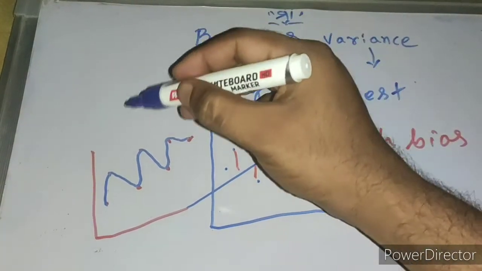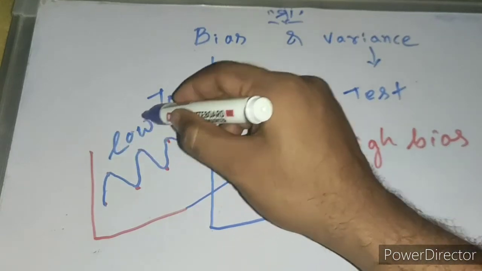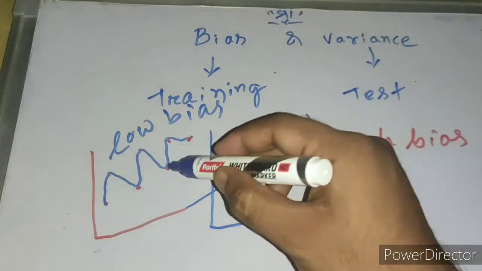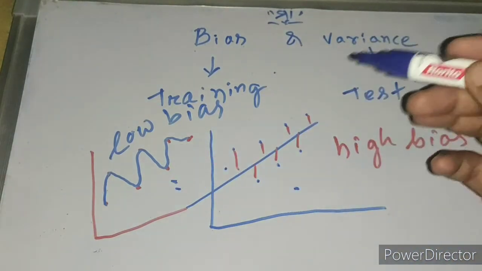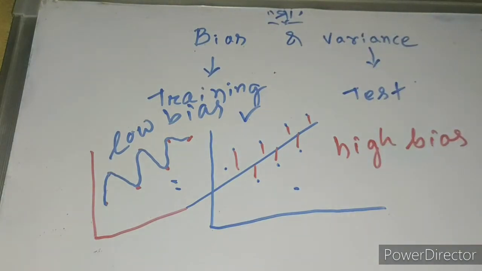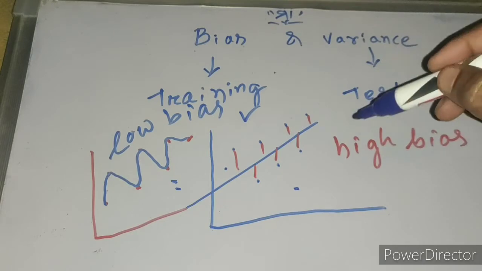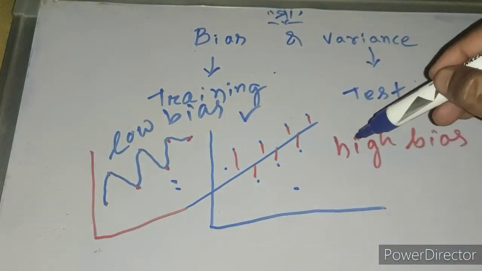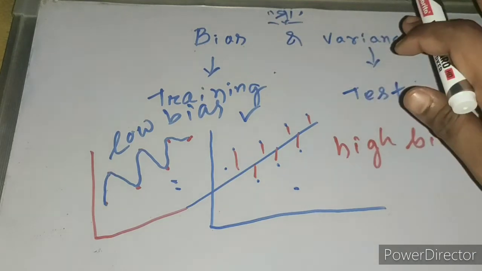This is called low bias. Both these bias graphs are considered for training. When we are training our model, if it is fitting properly, then it is low bias. If it is not fitting properly, then it is high bias.